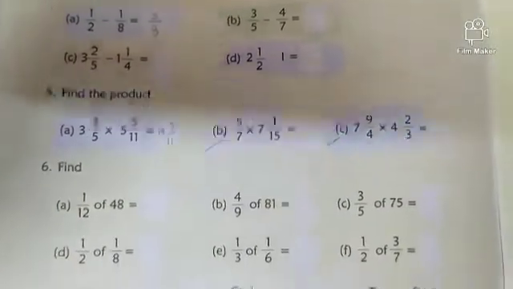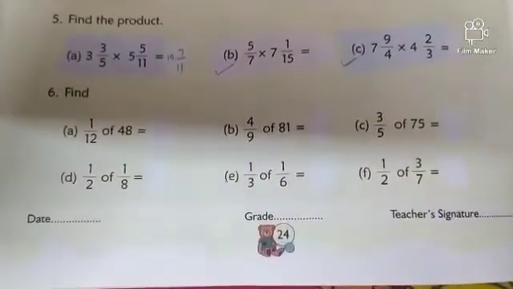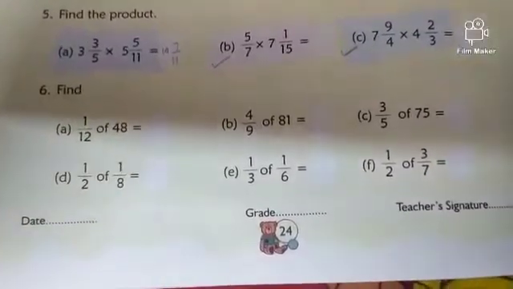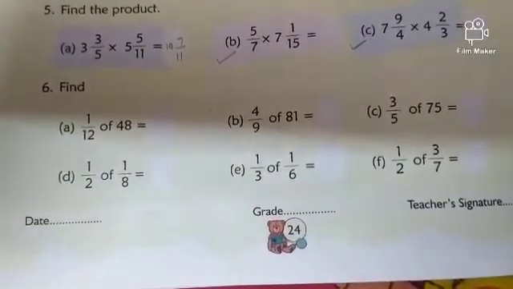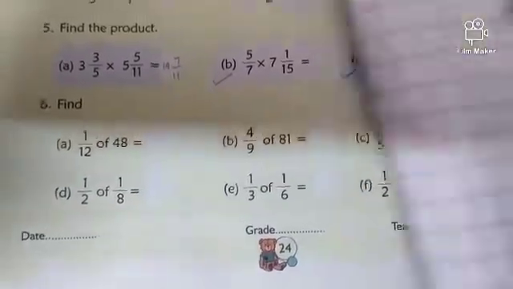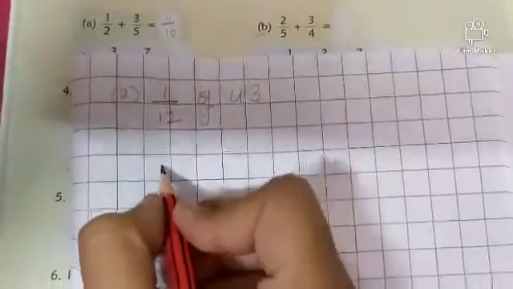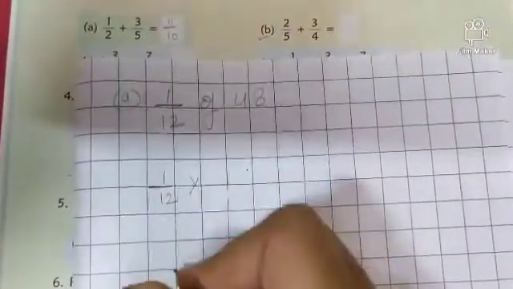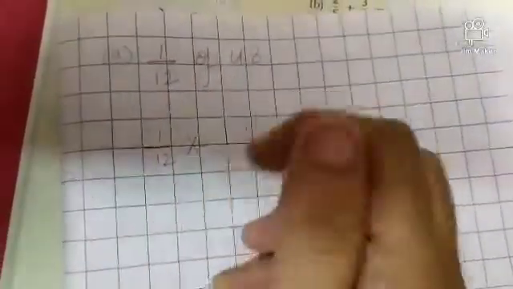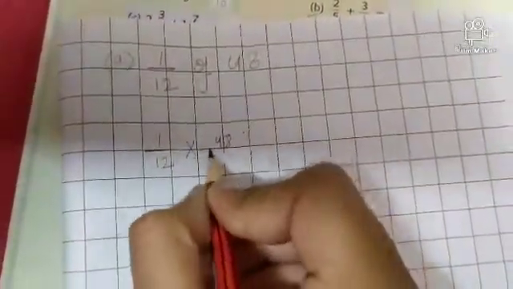Now question number 6. Part A is 1 upon 12 of 48. This is the question. 1 upon 12 of 48. So in place of 'of', what comes? Multiply. 48 has nothing in the denominator, so we'll consider it as 1.